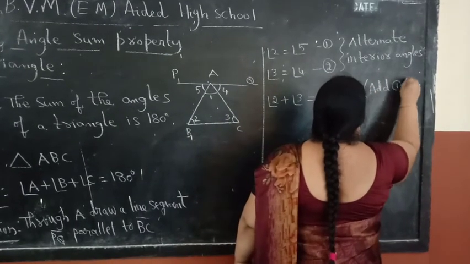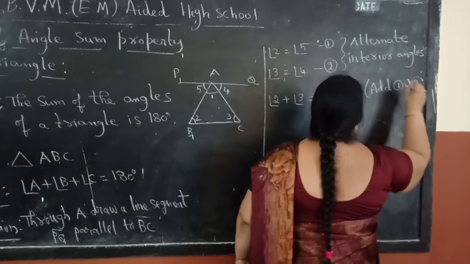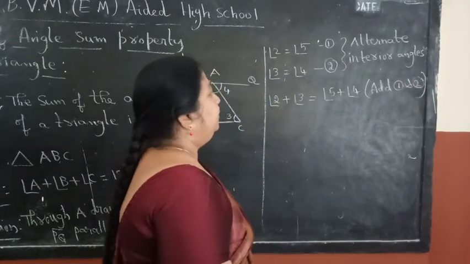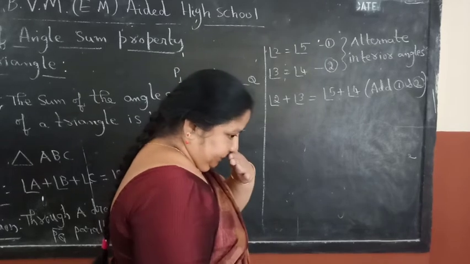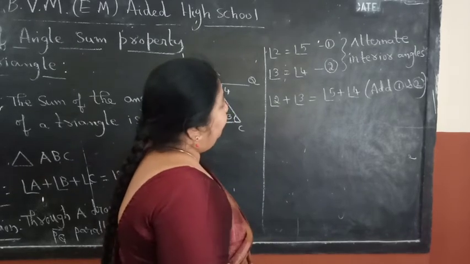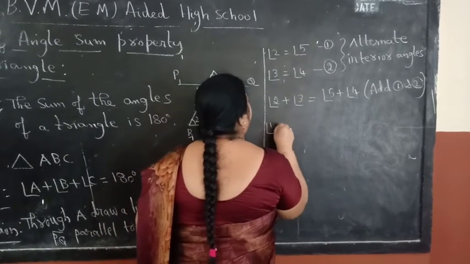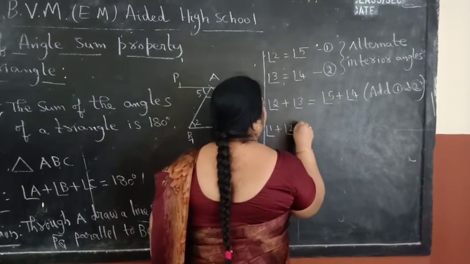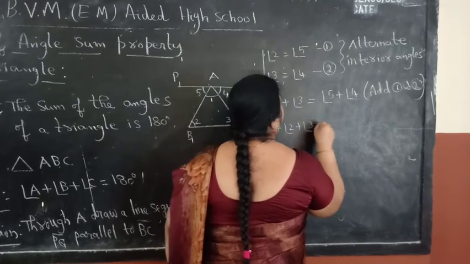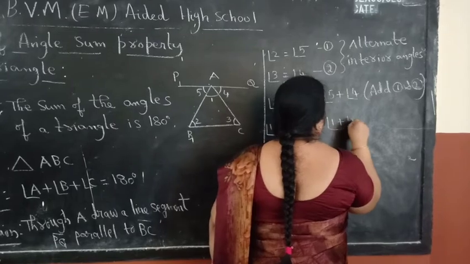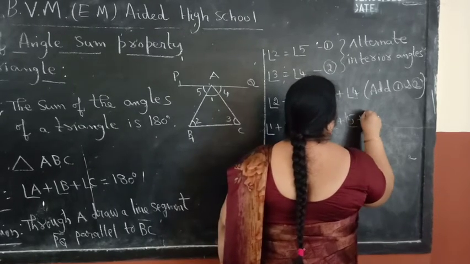Adding angle 1 on both sides: angle 1 plus angle 2 plus angle 3 equal to angle 1 plus angle 5 plus angle 4.